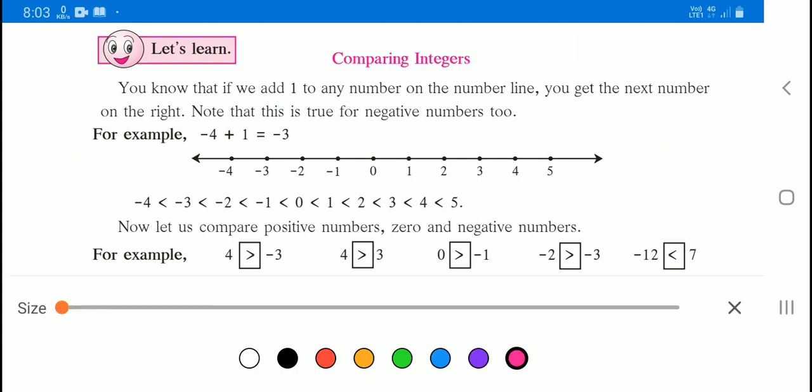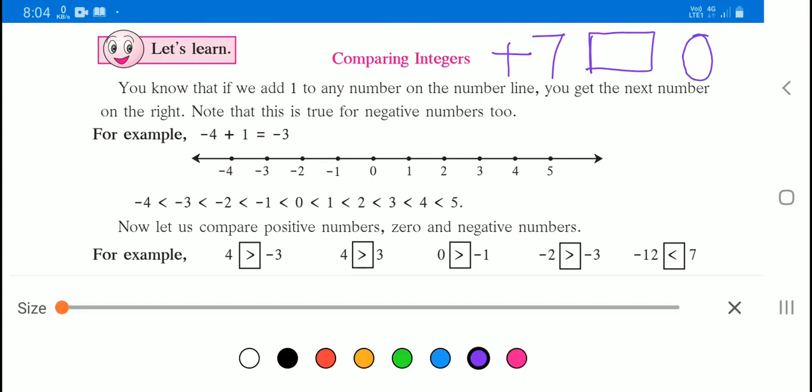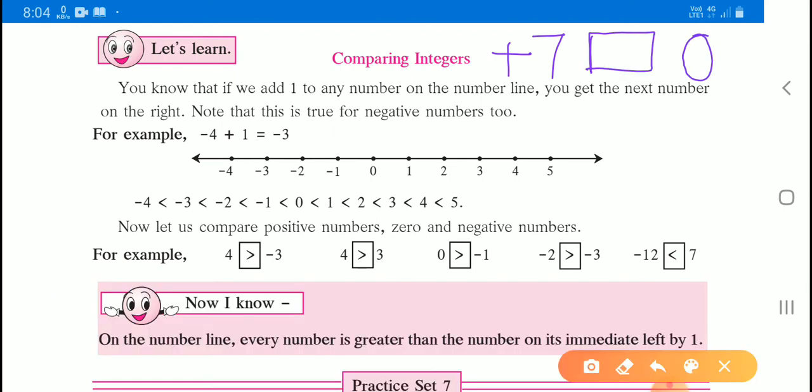Now, we'll take some more examples. Suppose I take positive 7 and 0. Which number is greater here?